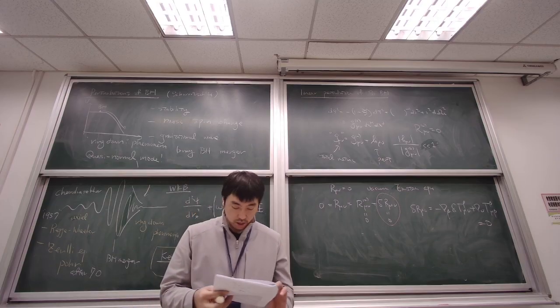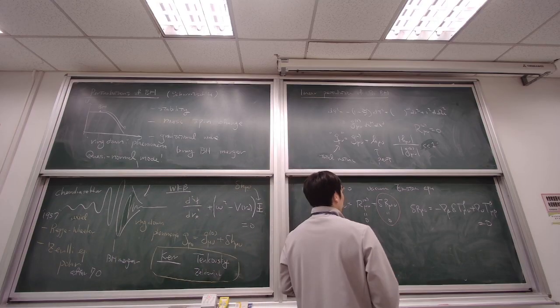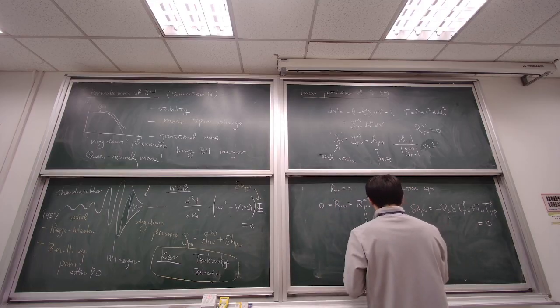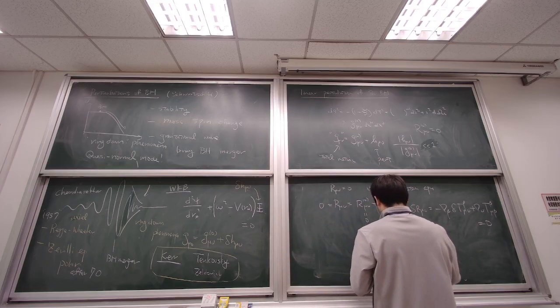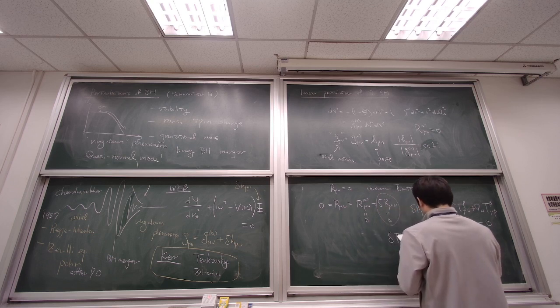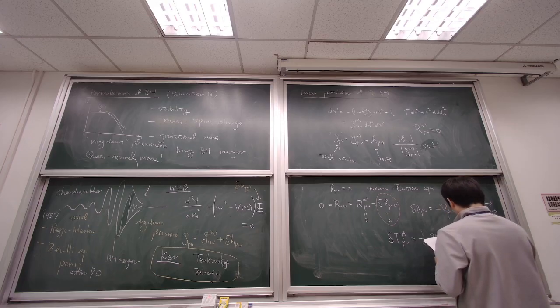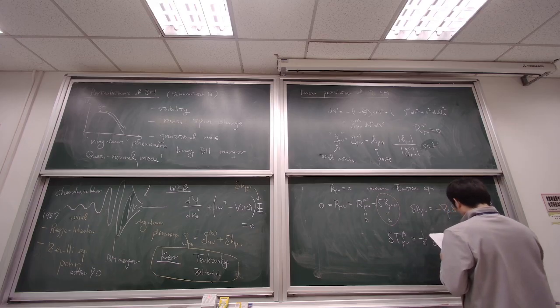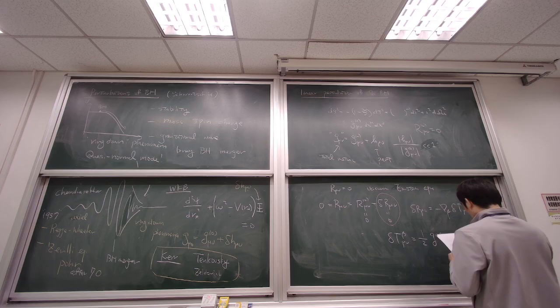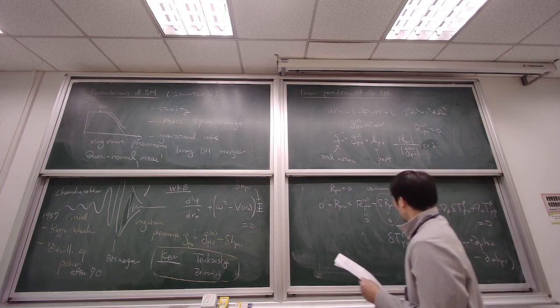Delta gamma alpha mu nu is equal to 1/2 g alpha beta, like this way.